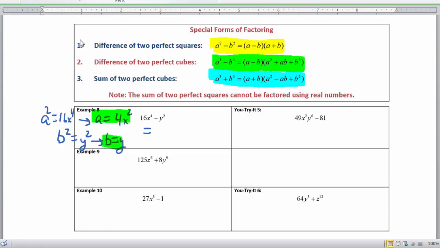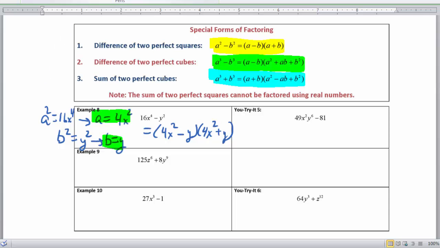So it's going to factor into a, which is 4x squared, minus b, which is y, times the same thing, just with a plus sign in the middle: 4x squared plus y. Okay?